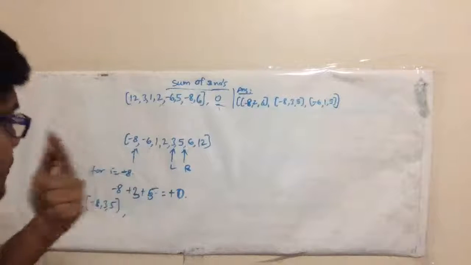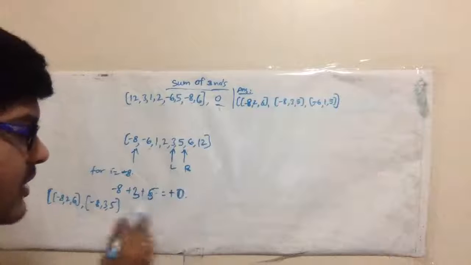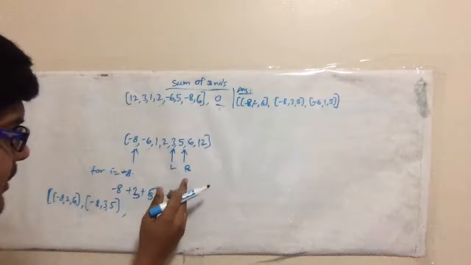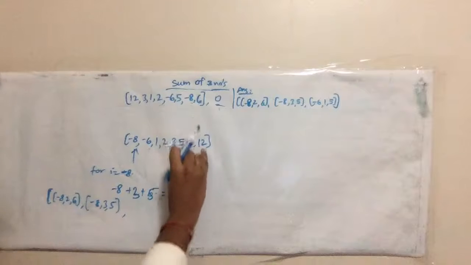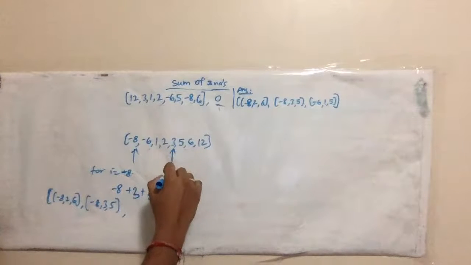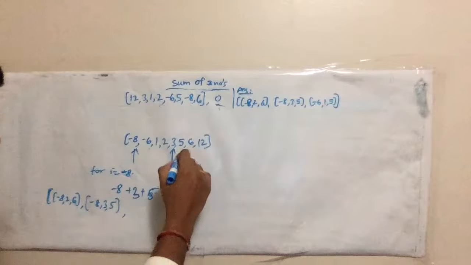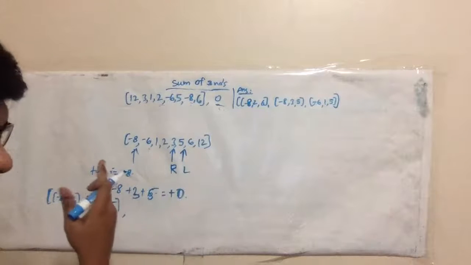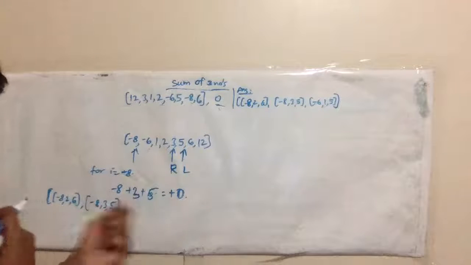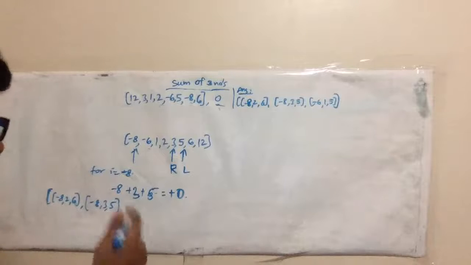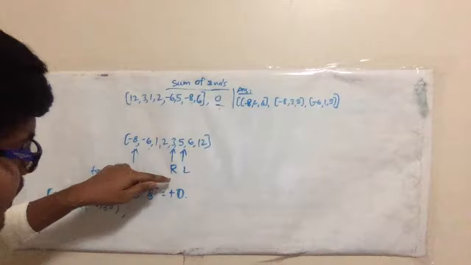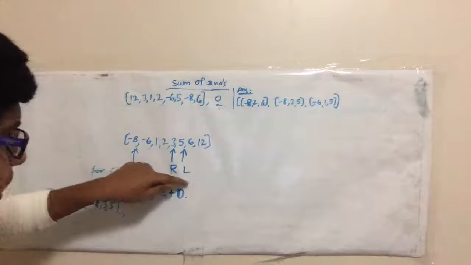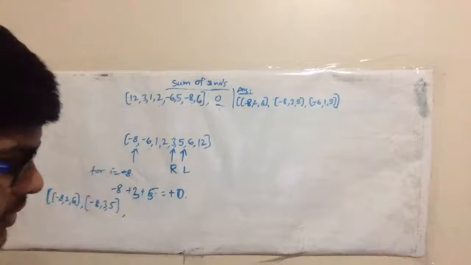Okay, so how to do further? Still you will reduce, you move this right to this one, this left to this one. So we are moving both left and right, just what we did previously for this combination. Whenever we cross the right and left, we don't want to consider further.